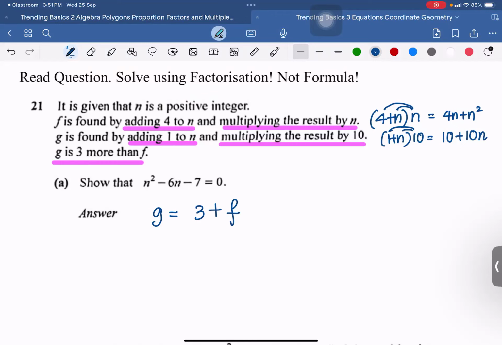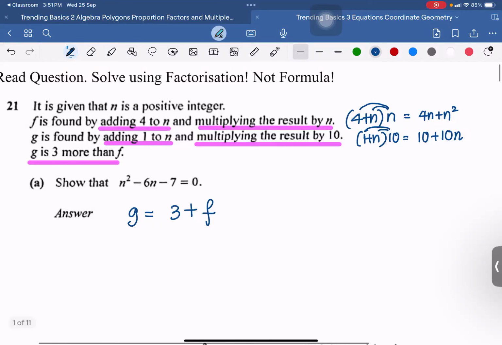G is larger, F is smaller. So we add. Now we replace it by all the letter n. G is 10 plus 10n, then F is 4n plus n squared.